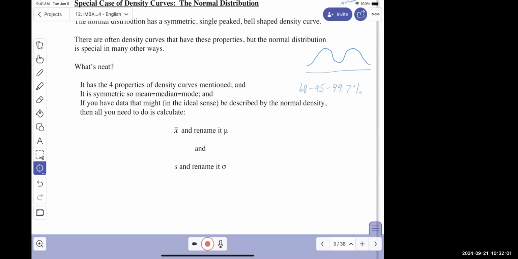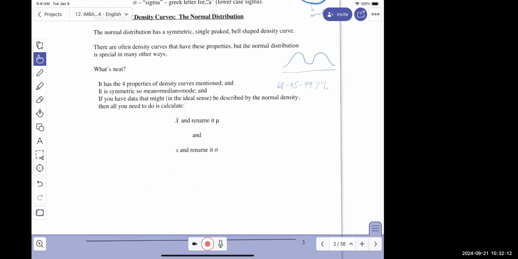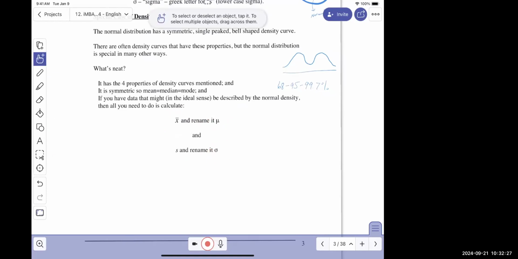I'm going to show you. If you take the data and you calculate the mean, you can rename it mu. You can calculate the s and rename it sigma. And you can get this drawing that I'm going to put here.